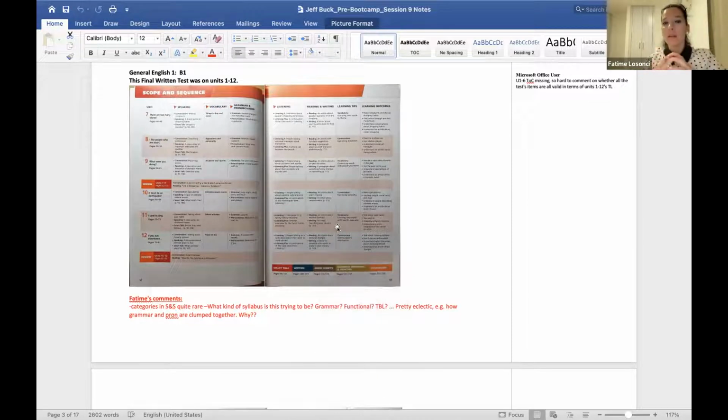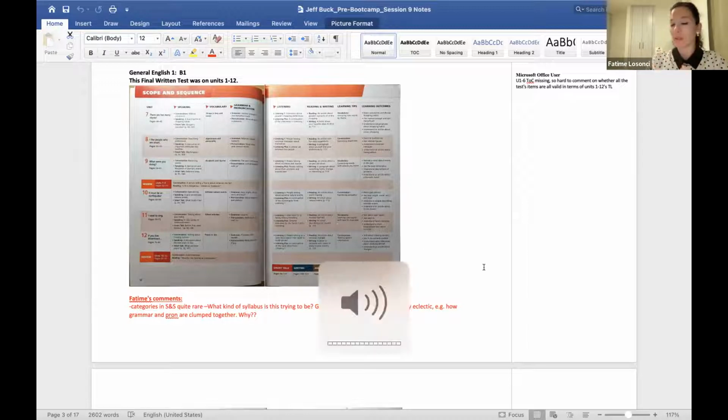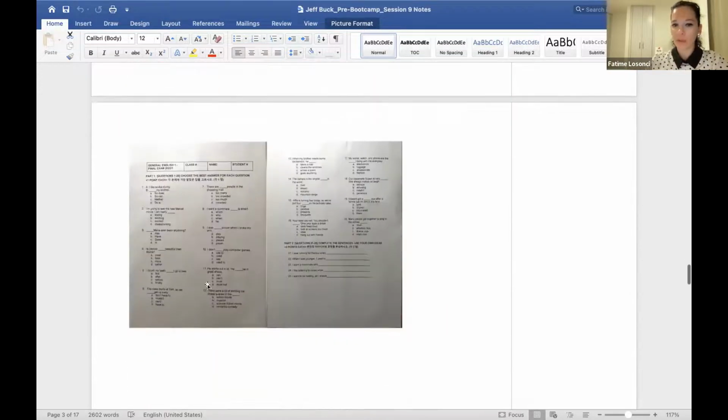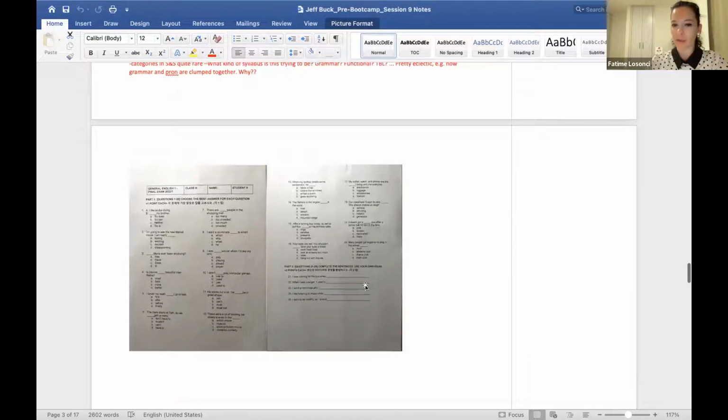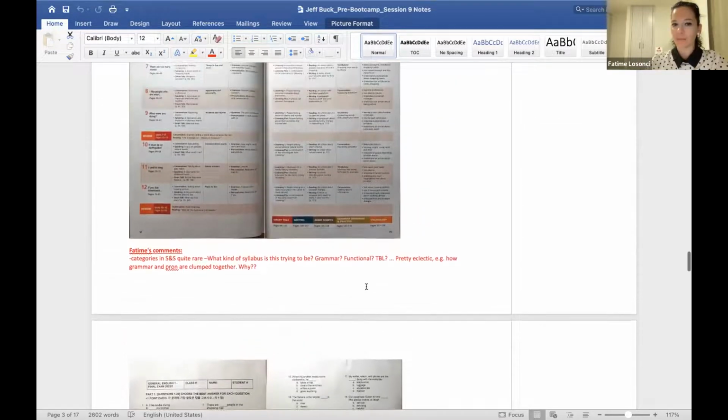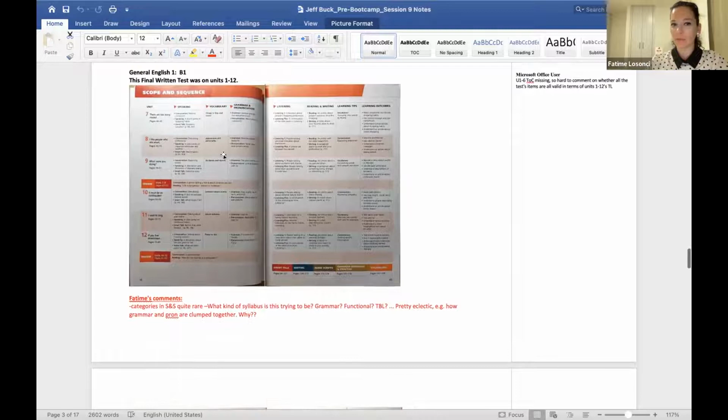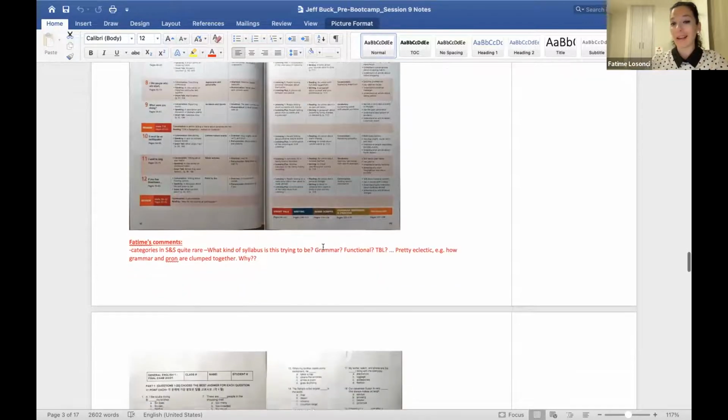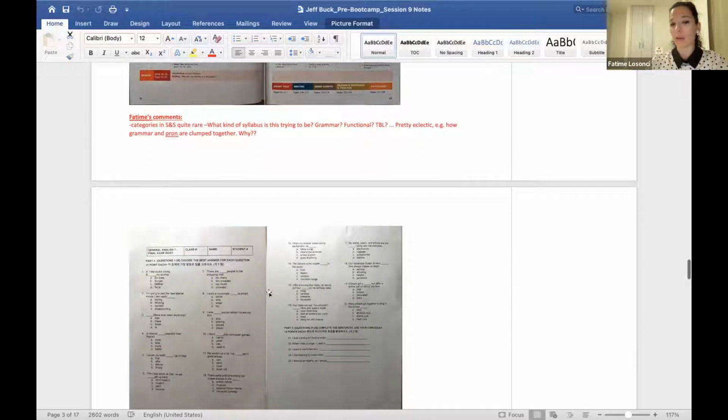But at the same time, it made me realize that I want to comment on this, that you can always, and you should always, comment on a material or even items based on the actual syllabus. So although I do see a lot of issues with these items that were allegedly written to test units 1 to 12 from this book, I really shouldn't go ahead and comment on all of them.